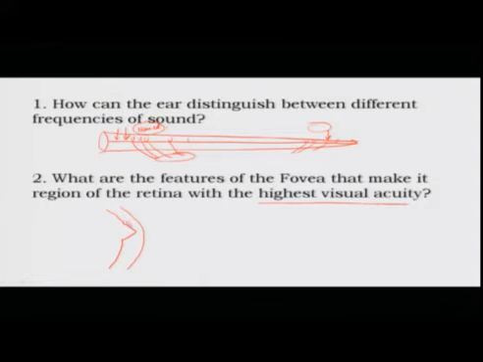The bipolar cells and the ganglion cells have been moved aside, so that light can directly hit the photoreceptors. Second point is that only cone photoreceptors at a very high density are present here. Because of this, the highest resolution image is produced at the fovea, and hence you call it the center of highest visual acuity.